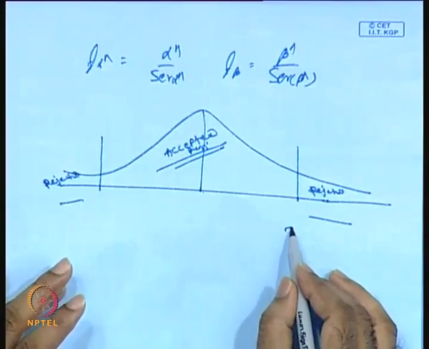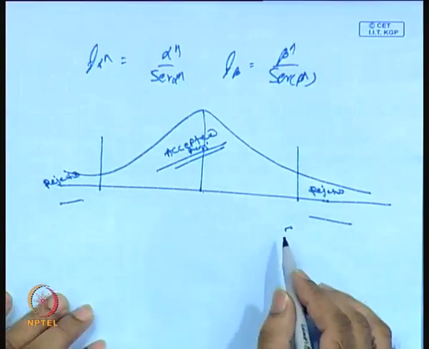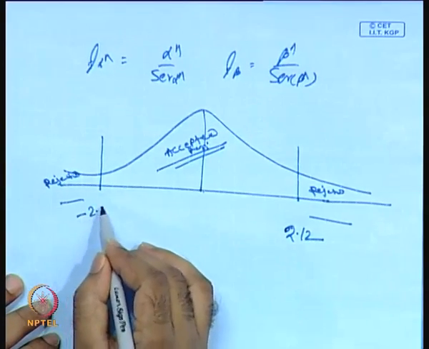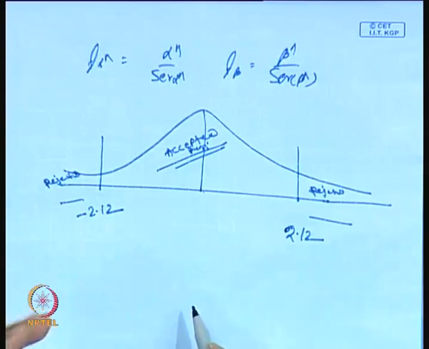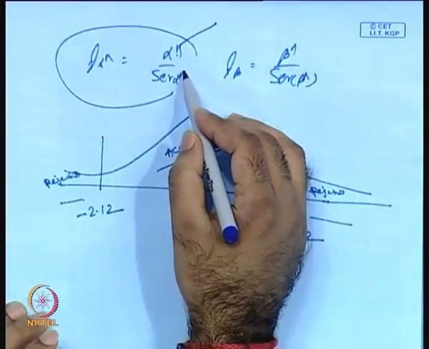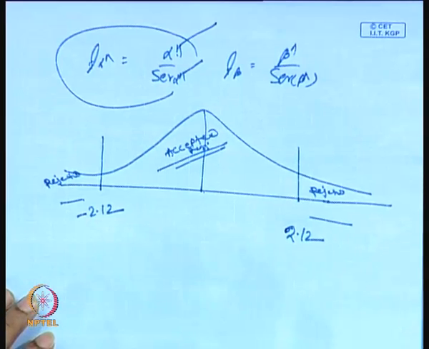Let us assume there is a certain value set on this side, everything positive. So, the t value is 1.2, and on this side minus 2.12. On the basis of some value of alpha hat, and having calculated the standard error of alpha hat, the ratio between alpha hat and the standard error of alpha hat gives you the t of alpha hat.